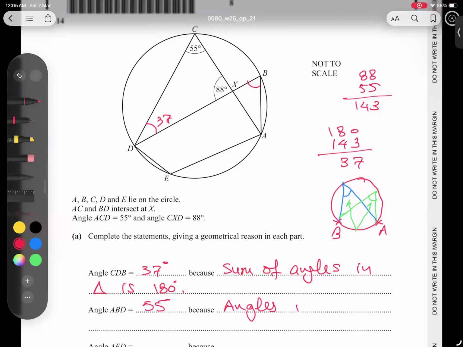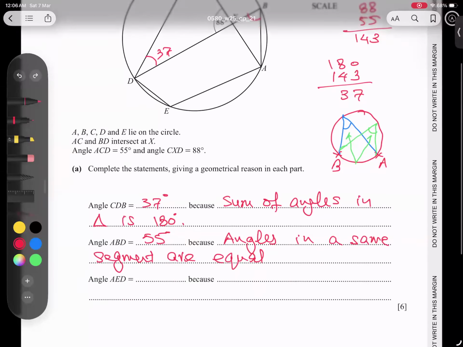You can write another wording, angles by the same arc, because this is called an arc. Arc or segment has the same meaning, no difference at all.